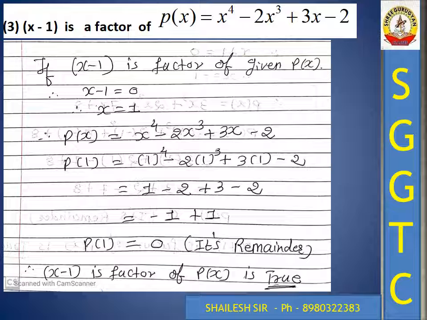So I call here the remainder is 0. So x minus 1 is a factor of px and my statement is true. Yes, students, here the statement is true because only and only my remainder is 0, and whenever the remainder is 0, then x minus 1 becomes a factor of the given polynomial px.